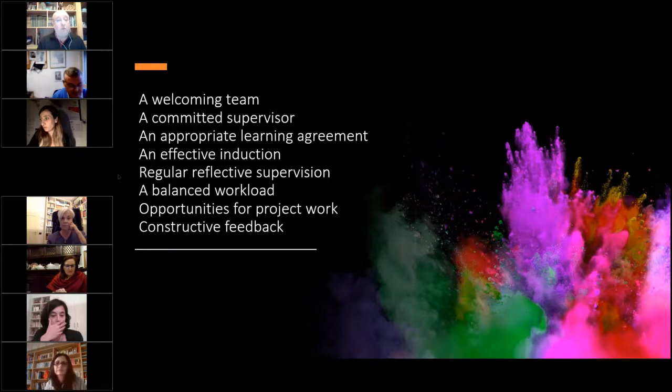For example, if it's an issue around values, if the student's values are creating difficulties in terms of the work that they are doing, if they are perhaps being judgmental, then instead of leaving that towards the end of the placement and then the student supervisor saying, I'm sorry, but you're going to fail this placement because you are not suitably non-judgmental for a social worker, what should be happening is, as soon as there is any evidence of that, the student supervisor needs to address that and say, look, we need to change this, because if you continue to be judgmental, I won't be able to say that you've passed the placement.